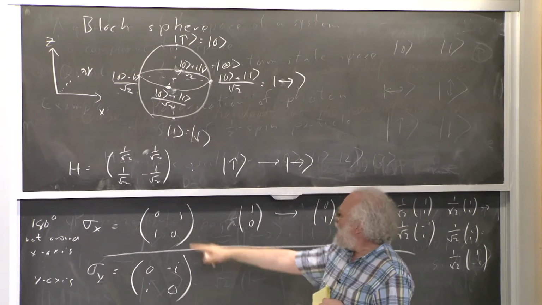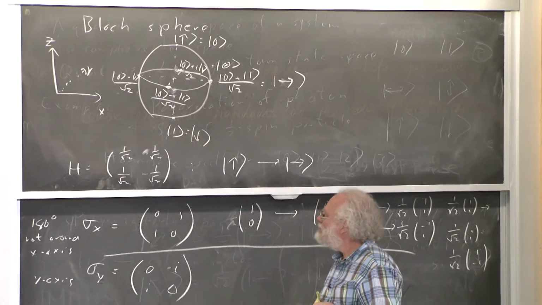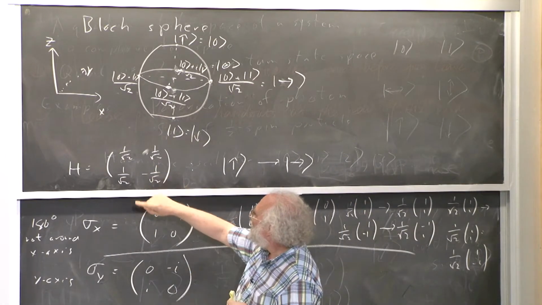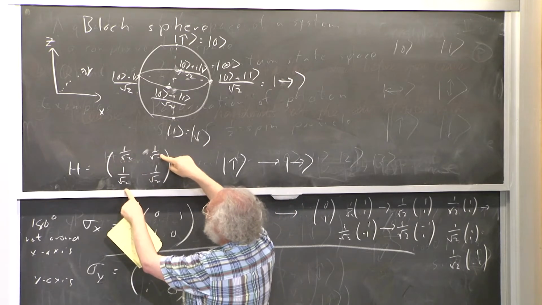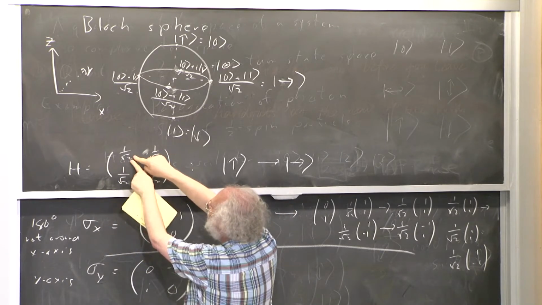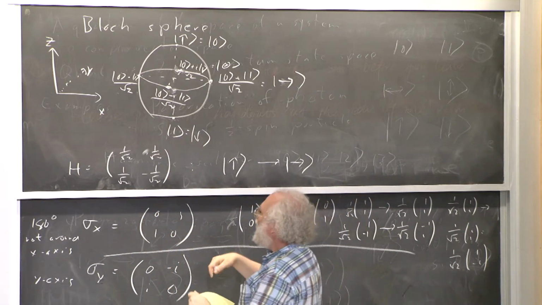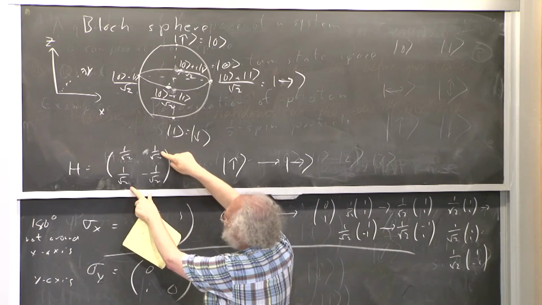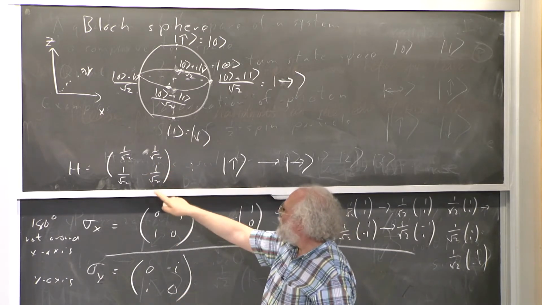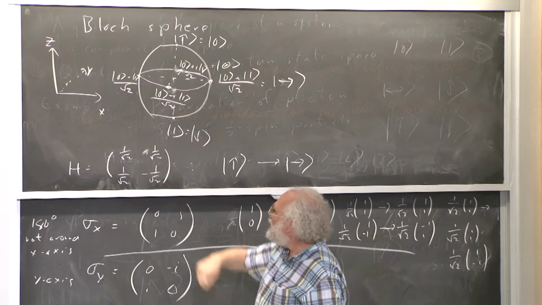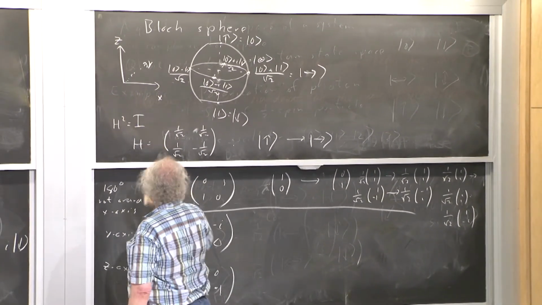And in fact, if you square this, you get the identity, because you multiply this by that. I mean, 1 over root 2 times 1 over root 2 plus 1 over root 2 times 1 over root 2 is 1. And this times this plus this times this is also 1. And the other two terms are 0 because they have a plus and a minus in them. So H squared equals I.